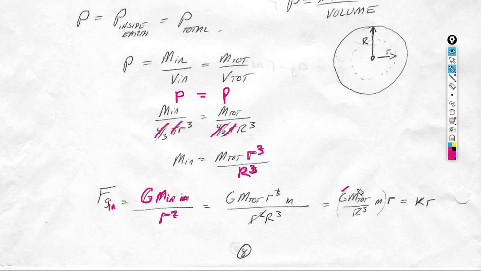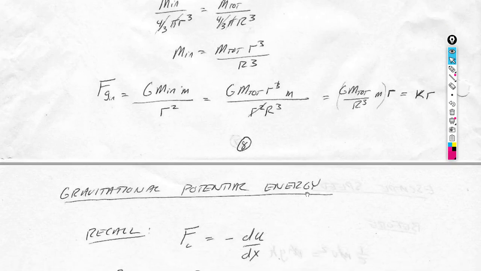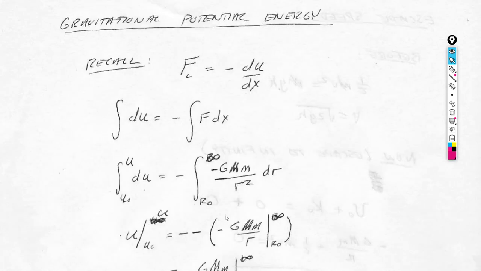So you get G times mass total times little mass, constant over big R cubed, constant, times the radius. So then you just get kr. Again, the restorative force is negative kr, and it behaves as a spring, essentially simple harmonic motion, oscillating back and forth.